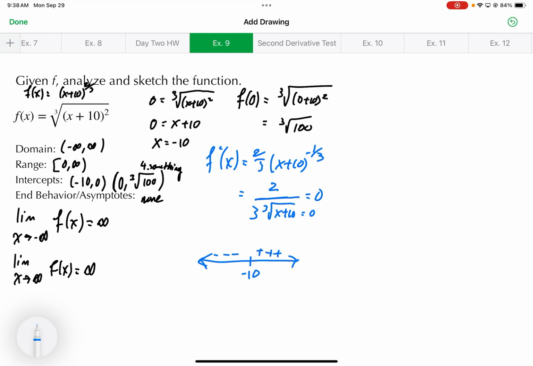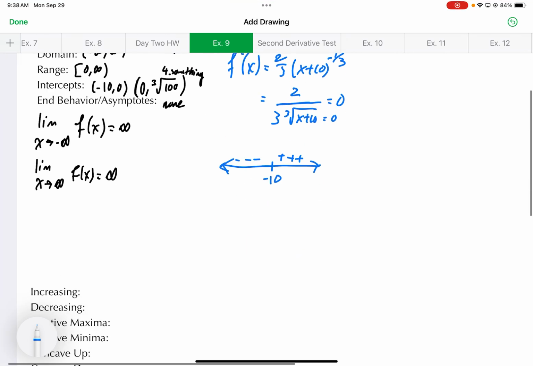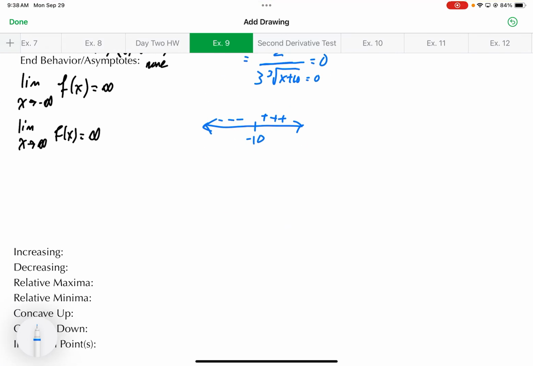Which means, what do I have at negative 10? I think one level up. It's going to be a critical number, right? But it's going to be a critical point, a relative extrema at negative 10, because it switches from, I should answer this question down here, right? Increasing from negative 10 to infinity, and decreasing from negative infinity to negative 10.